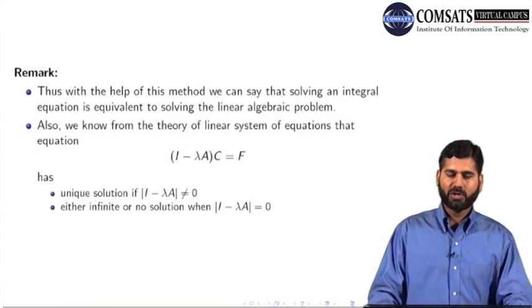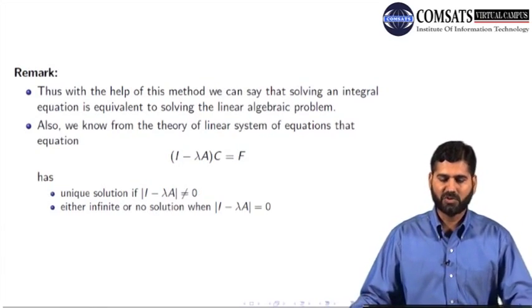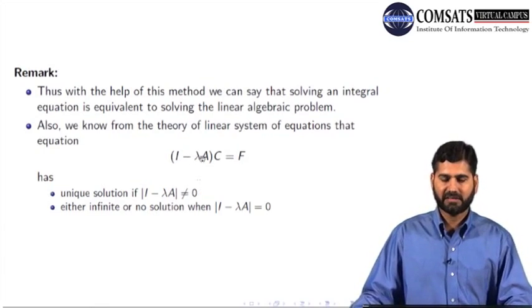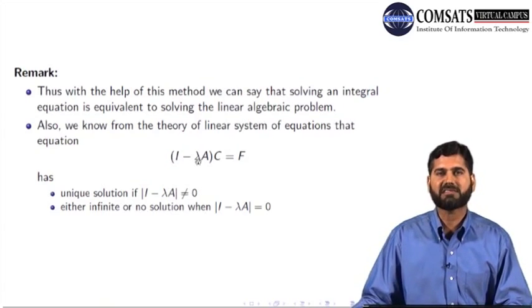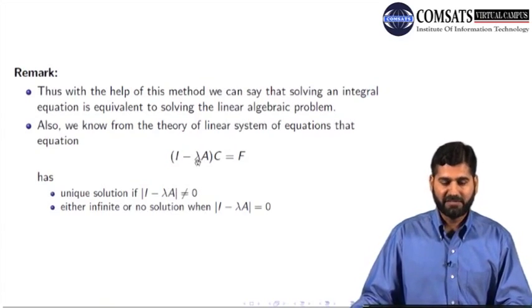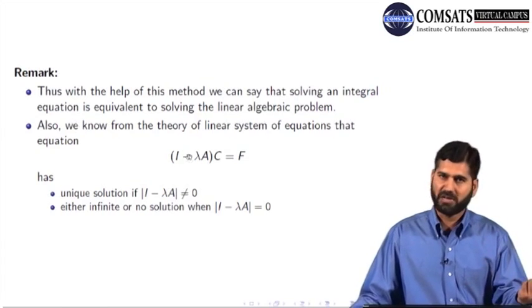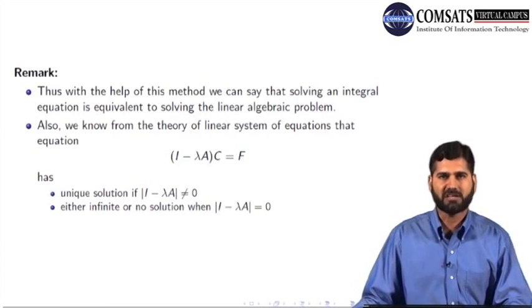Also, we know from the theory of linear systems of equations that this equation has a unique solution if this matrix is non-singular, right? That is, the determinant of I minus lambda A is not 0. If this determinant is 0, then you may not have a unique solution. Either the solution will not exist, or there will be infinitely many solutions.